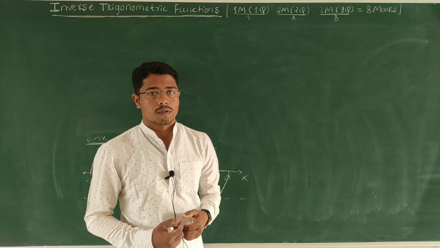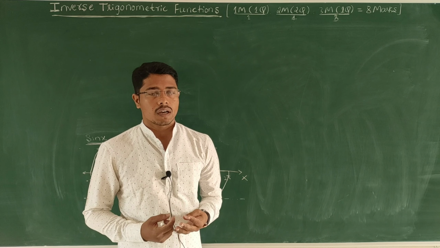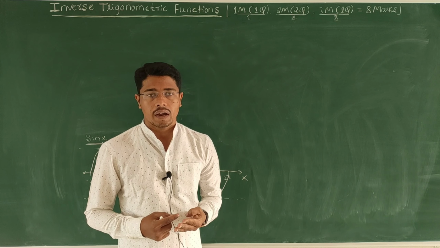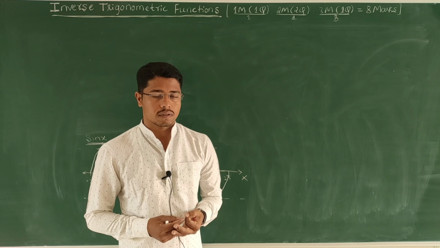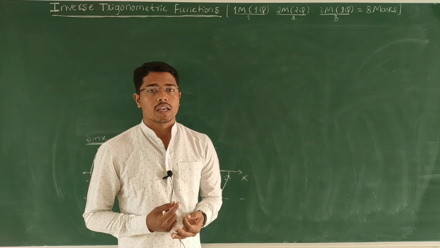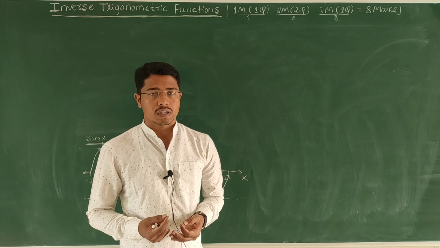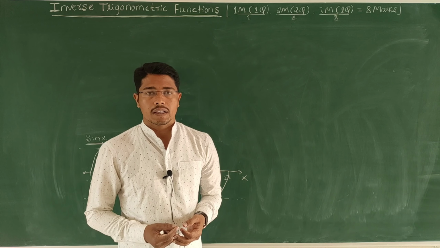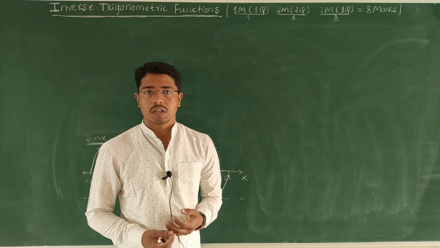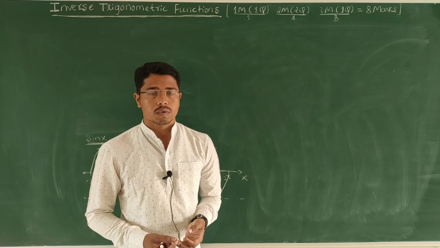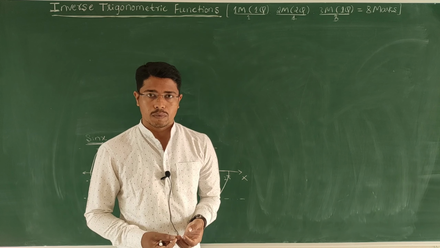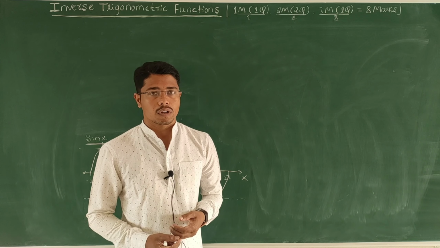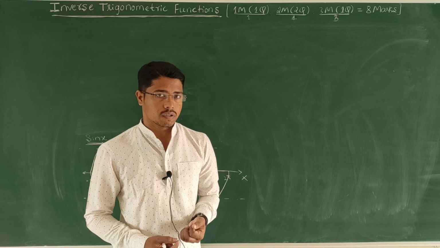Dear students, we already know the concept of inverse functions and trigonometric functions. By using the concept of inverse function, and as we studied trigonometric functions and their graphs with their properties in the first PU classes, now let us study the inverse trigonometric functions.